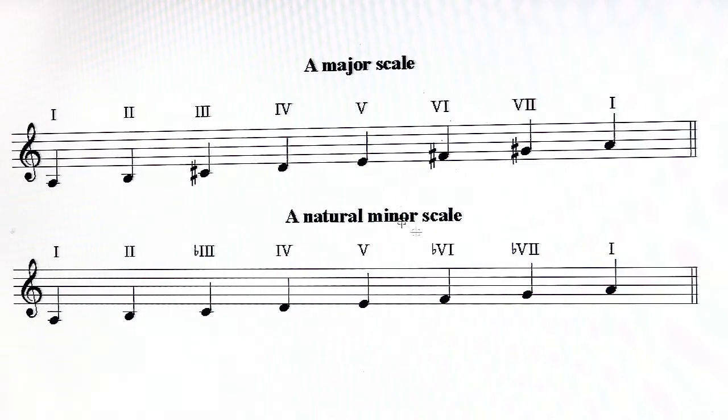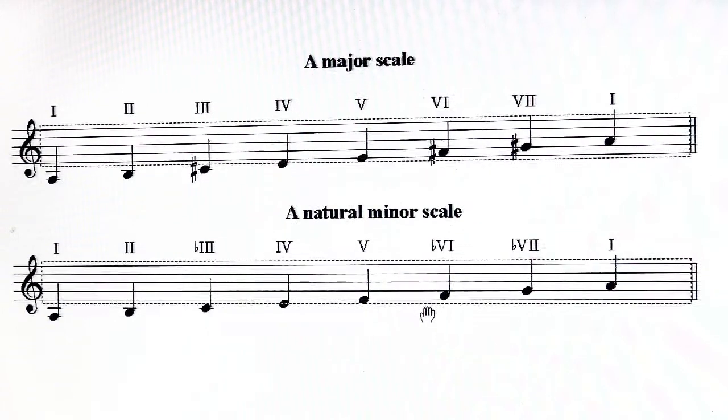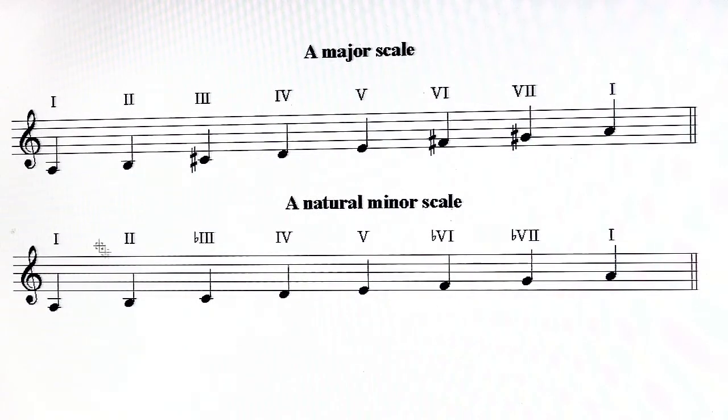So if we look at our A major scale here, we'll see that the 3rd degree is C sharp, whereas in natural minor we've had to flatten the 3rd degree to bring it down to C natural, just as we have had to do with the 6th degree. We've flattened the 6th degree.